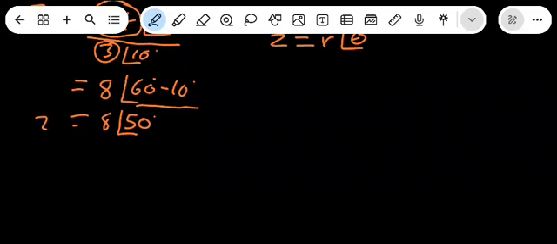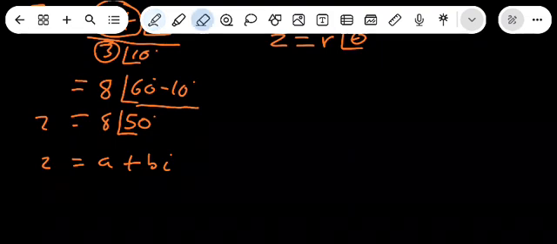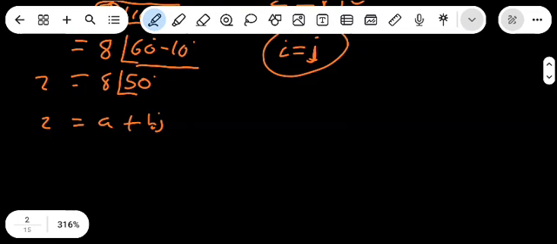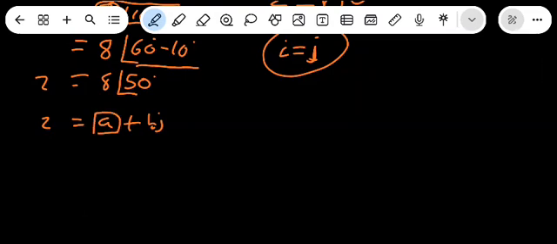The rectangular format is given by a plus bi. Some textbooks use j instead of i; it's one and the same thing. So we have to express this in rectangular form.